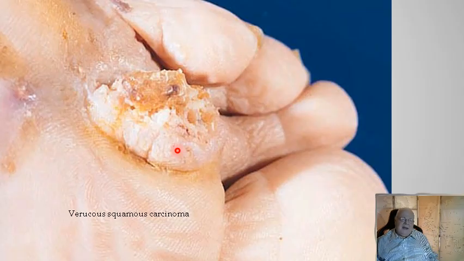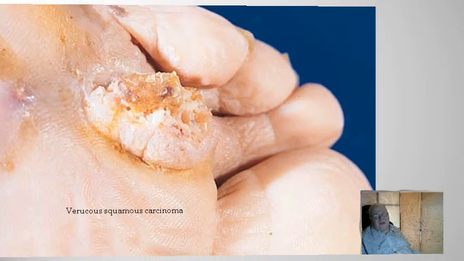This form of squamous carcinoma, very rare unfortunately, is easily removed surgically and entirely, and practically does not generate metastasis because of this growing pattern only on the surface and not by infiltration. So for this reason, the verrucous squamous cell carcinoma has a very good prognosis, but the others are not so.